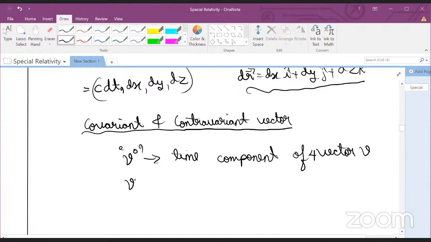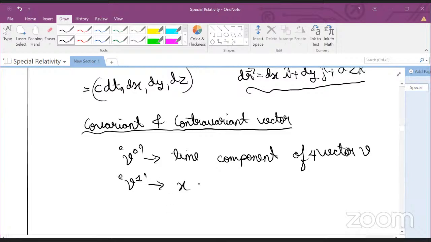If I denote it by v1, remember it is not a power, it is an index written as a superscript. V superscript 0 is just an index, not a power.